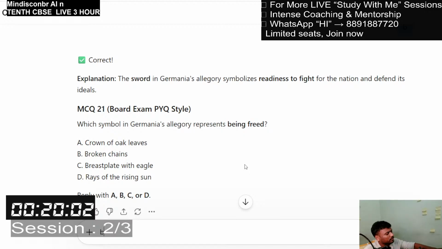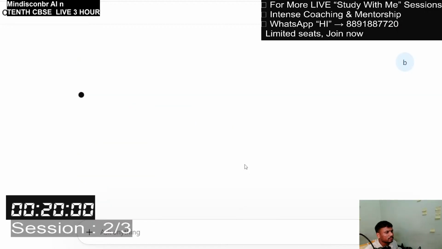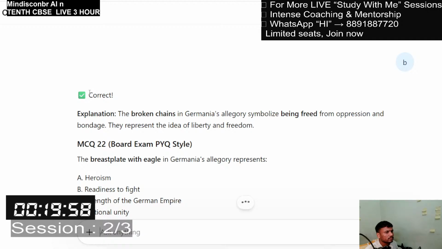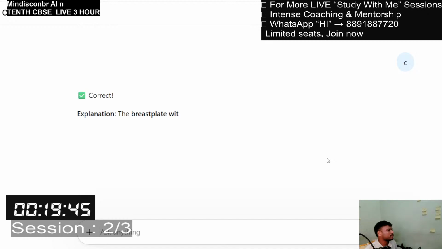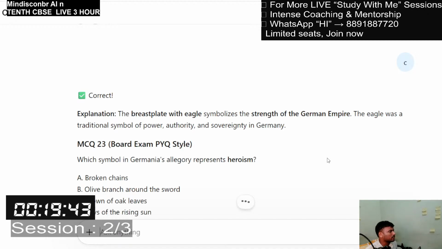Broken chains. The breastplate with the eagle symbolizes the strength of the German Empire. The eagle was a traditional symbol of power, authority and sovereignty in Germany.